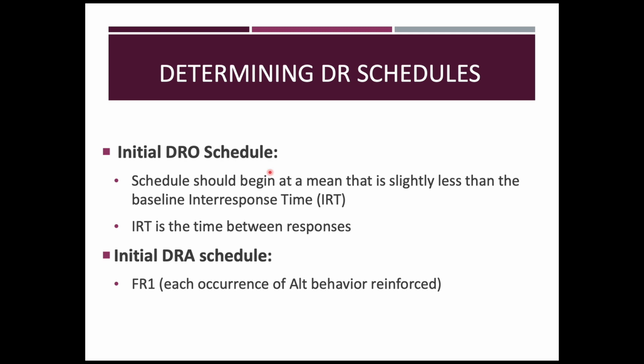So if we're going to do a DRO and we want it to be effective, we need to start with a schedule that is less than 30 seconds. So let's just say we go with 10 seconds. That means every 10 seconds, if no problem behavior occurs, we're delivering reinforcement. Now, I've worked with individuals where we have to use that dense of a schedule.